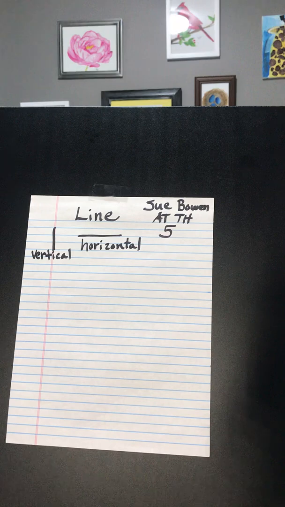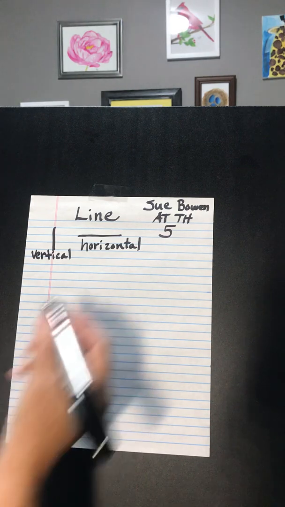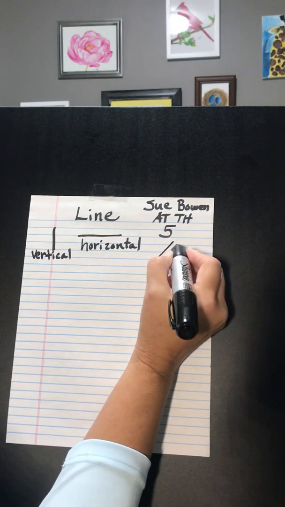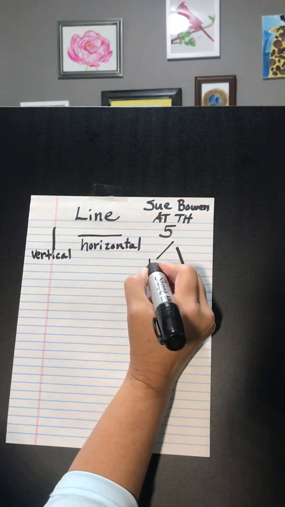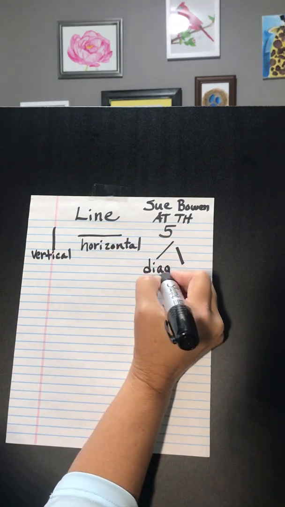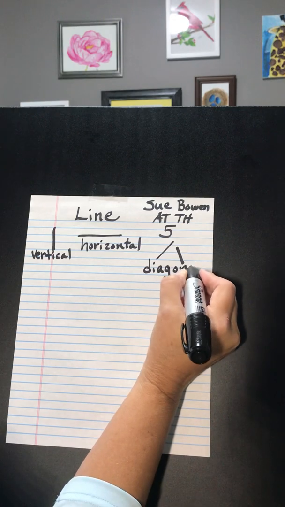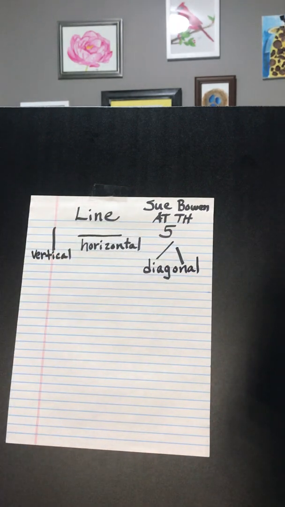So we have vertical, we have horizontal. Now let's draw lines this way and this way. Do you remember what kind of lines those are? I hope you said diagonal. D-I-A-G-O-N-A-L. Diagonal lines.